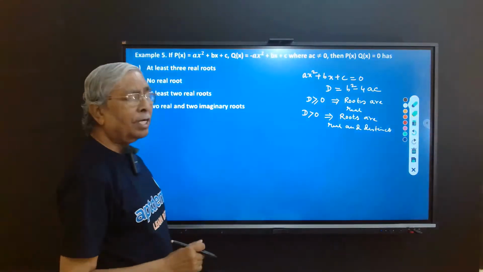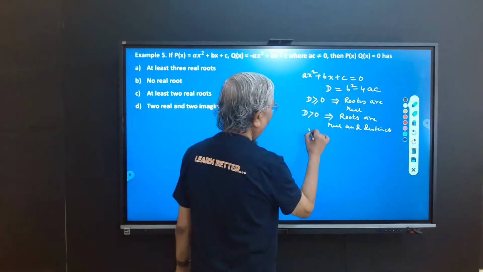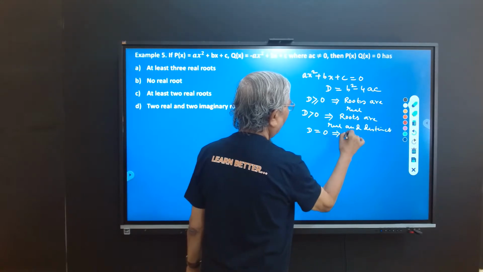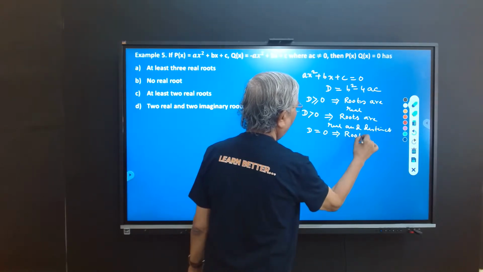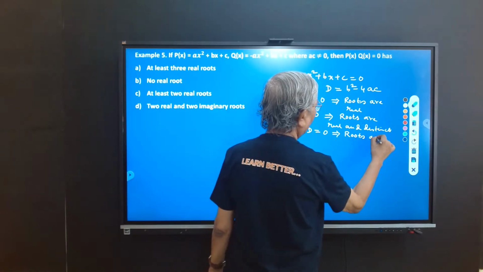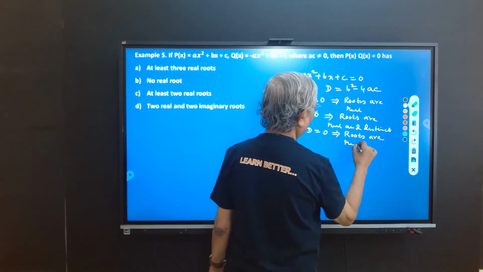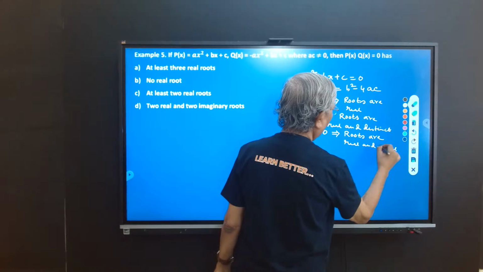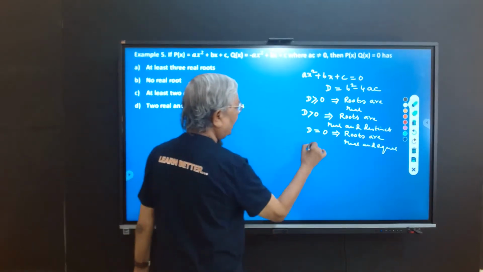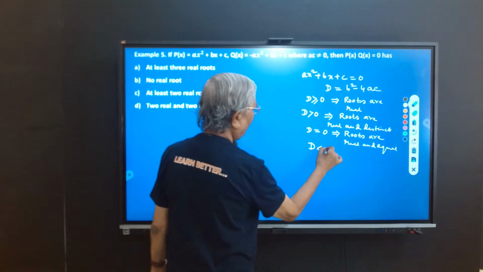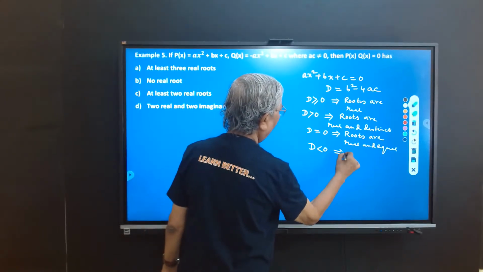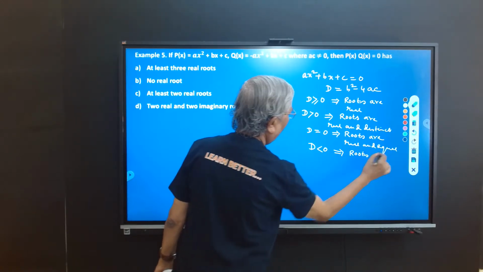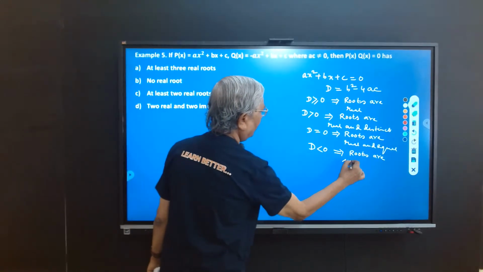If d equals 0, roots are real and equal. And if d less than 0, the roots are imaginary.